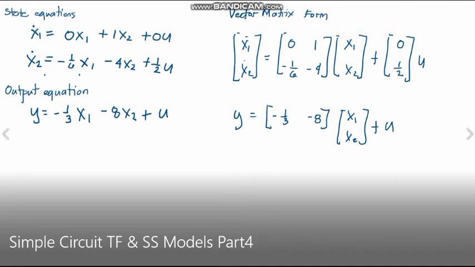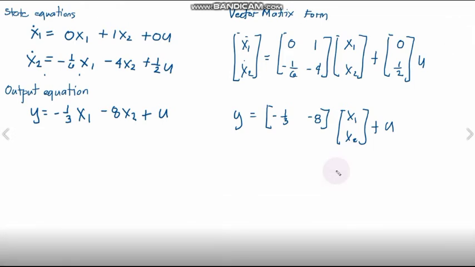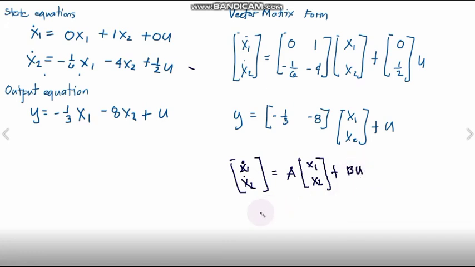And please note the standard form of our state space model, once more: x1 dot, x2 dot is equal to matrix A times x1, x2, plus the matrix B times the u.